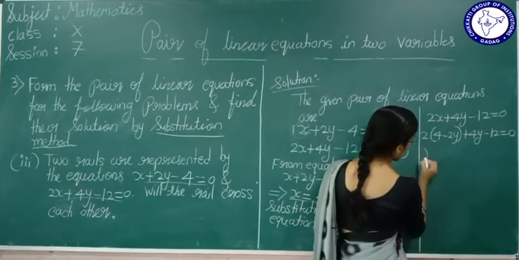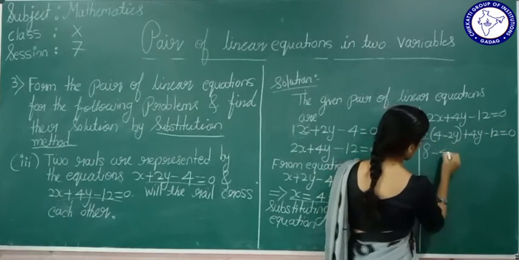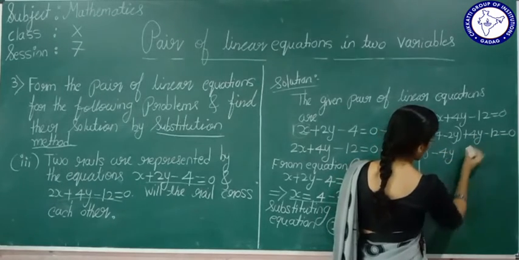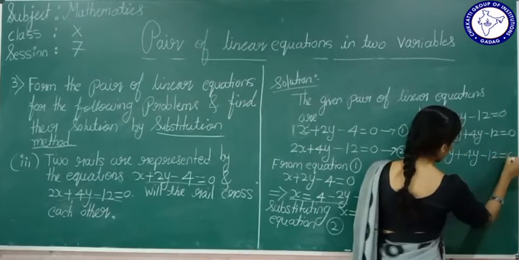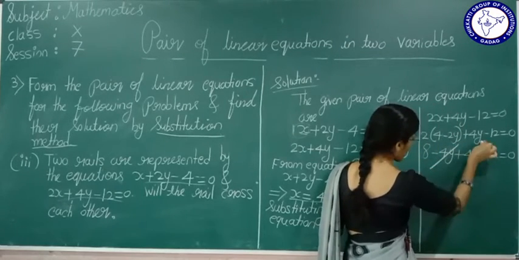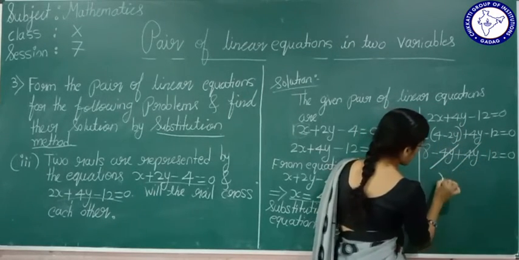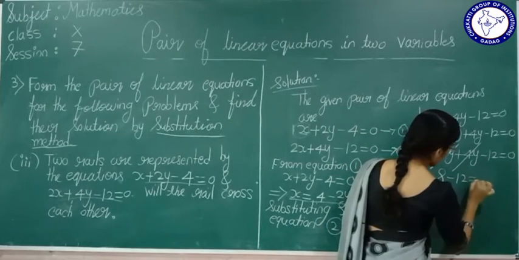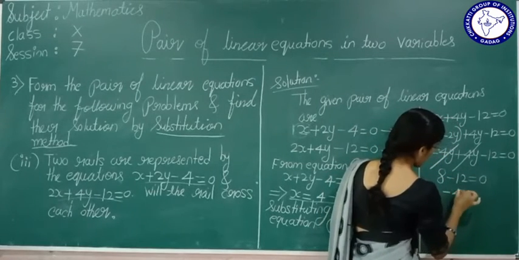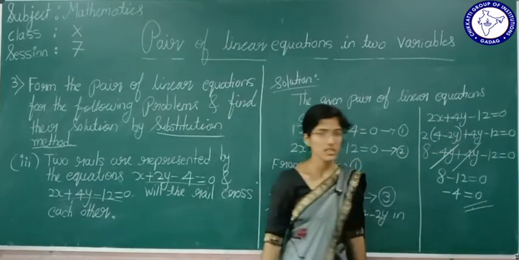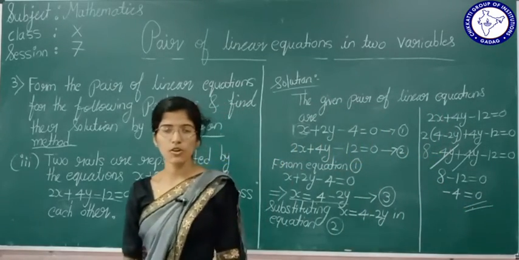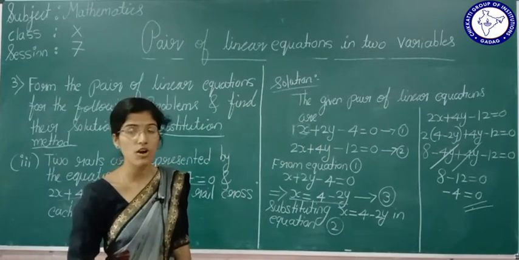2 fours are 8, 2 twos are 4, so 8 minus 4y plus 4y minus 12 is equal to 0. Minus 4y plus 4y will get cancelled. 8 minus 12 is equal to 0. This will become minus 4 is equal to 0. See, is this possible? Is minus 4 equal to 0? No, this is not possible.